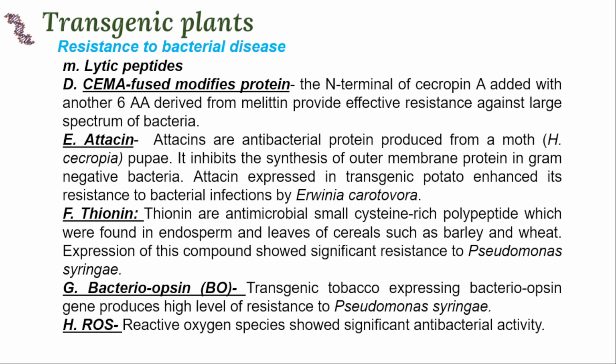And bacteriopsin is also a chemical that defends against the same Pseudomonas syringae bacteria. We will also enhance the reactive oxygen species in plants by introducing these genes in different places and easily neutralize the bacterial infection.